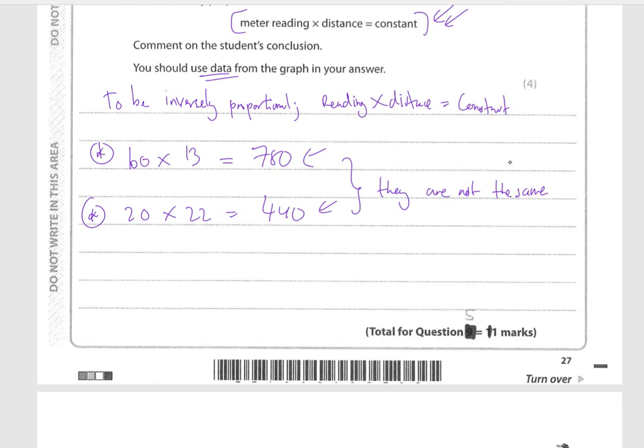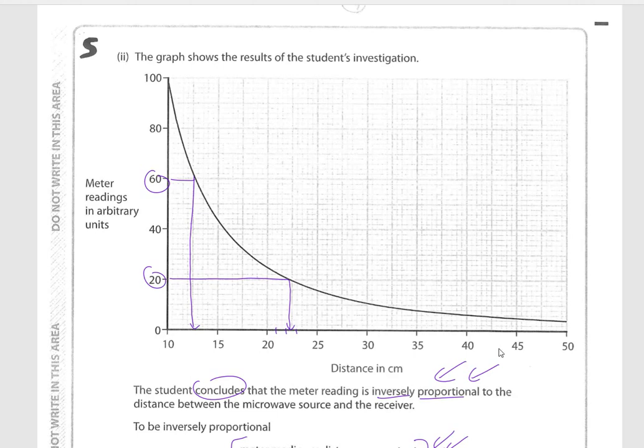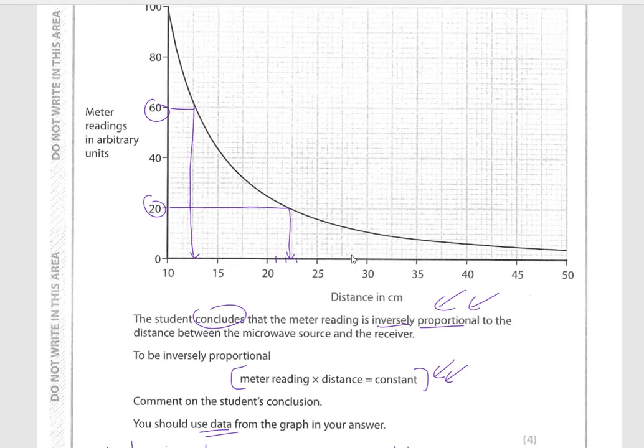So it is not a constant. Therefore, this is not inversely proportional.